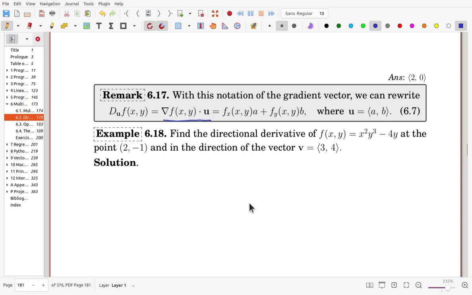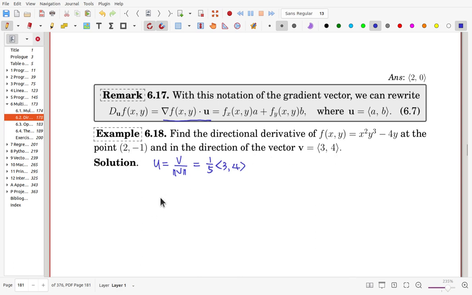Find the directional derivative of f of xy given in this way at the point, in the direction of v = (3, 4). First let's get u. u is v over the length of v. From the Pythagorean triple, we know that the length is 5, so we have 1/5 of (3, 4). That's the unit vector in the direction.